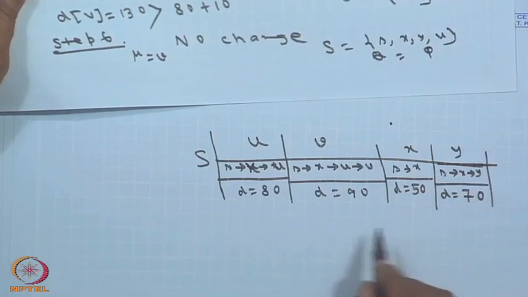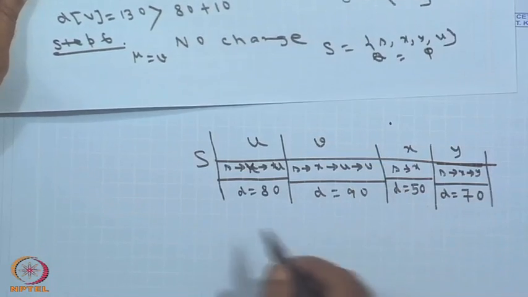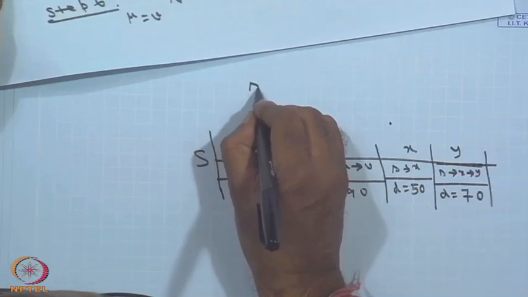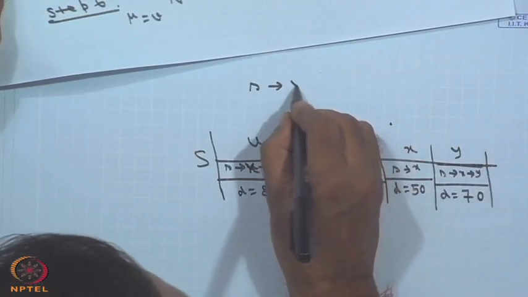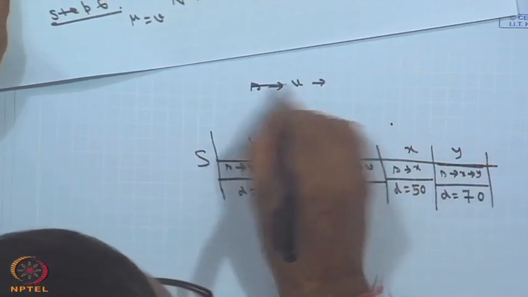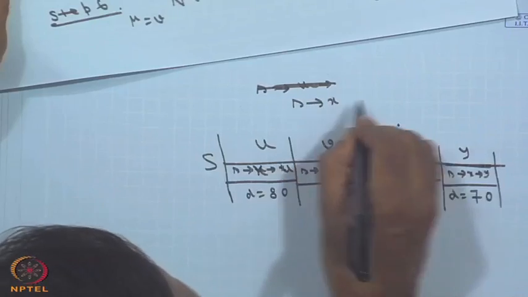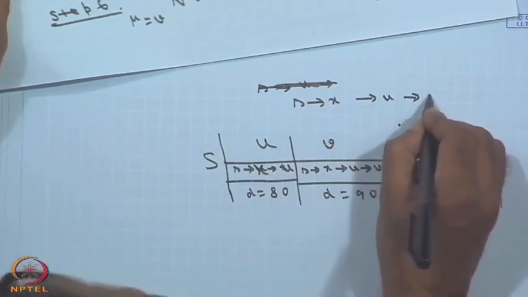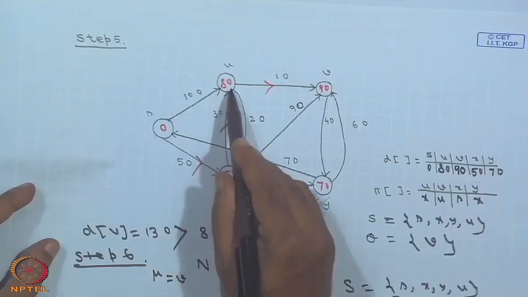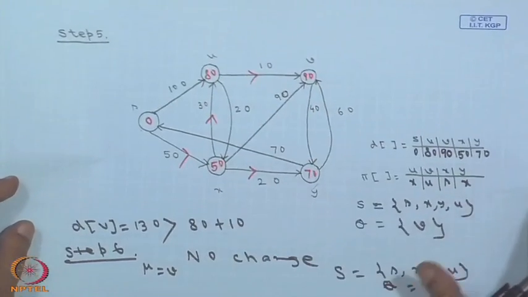So, if I want the shortest path, the shortest path is S to x, x to u, and u to v. This will be the shortest path.